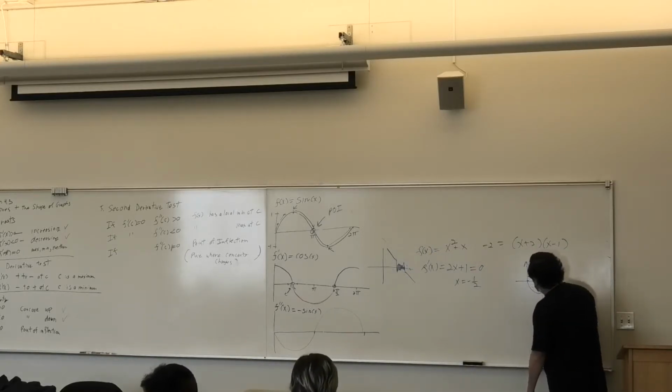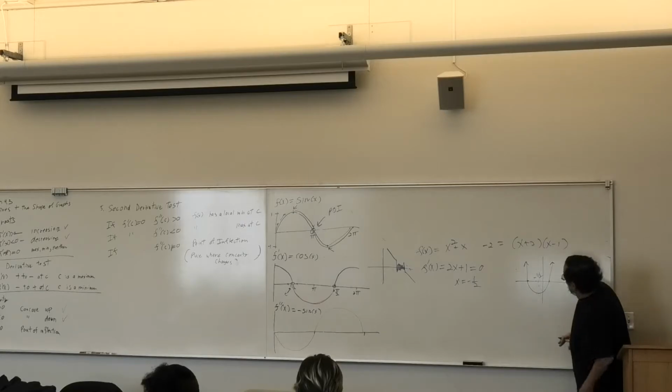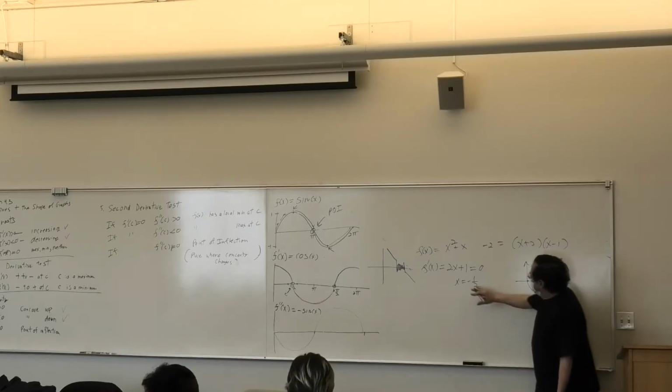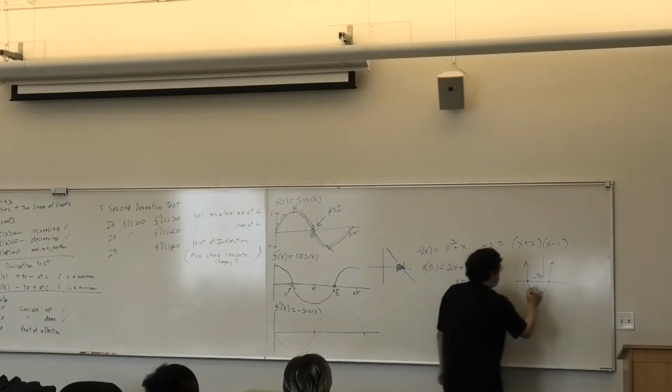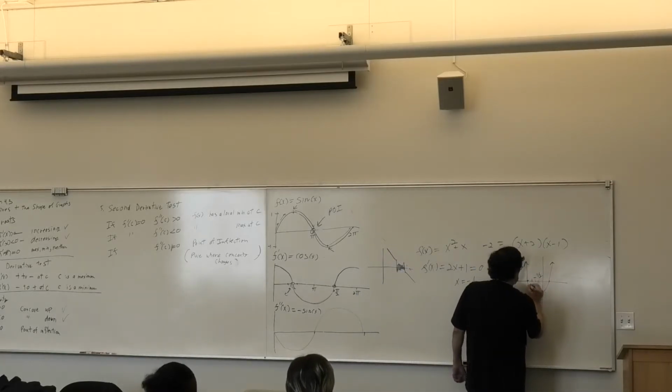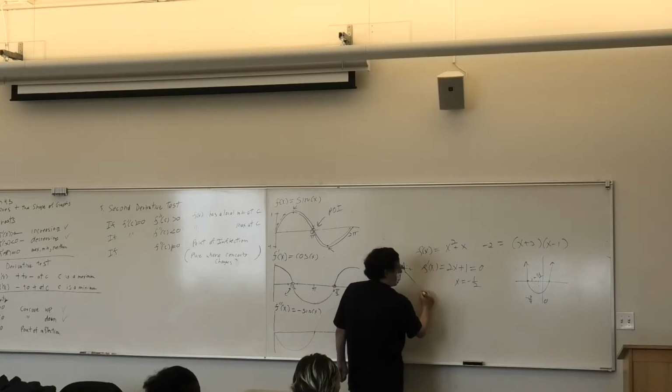Negative 1/2. Okay, so we don't know what the graph looks like yet. I'm happy to know what it looks like. So you could take a point, let's say negative 3/4, and you could take a point 0. So let's look at those.